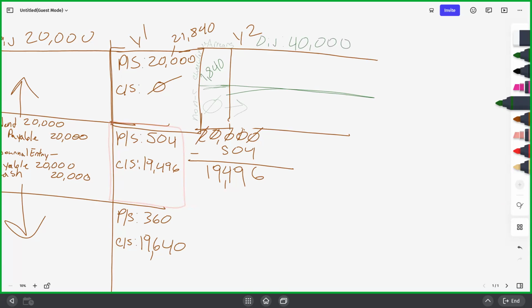So we know here for preferred stock, right off the bat, how much are they getting? 21,840. Now, that's for non-cumulative. For cumulative, what's happening? What do we have to do? Are they just promised 21,840?